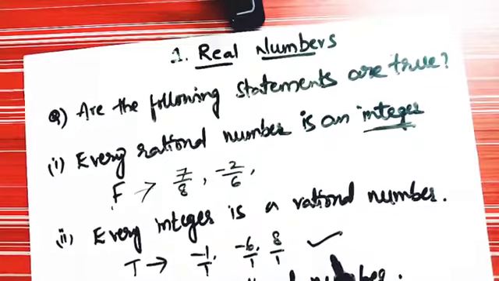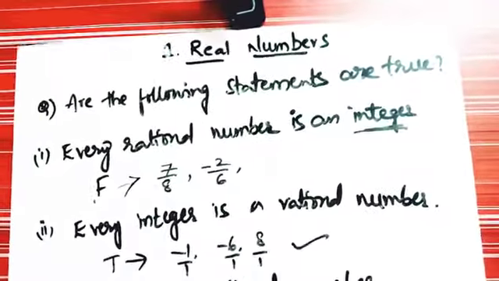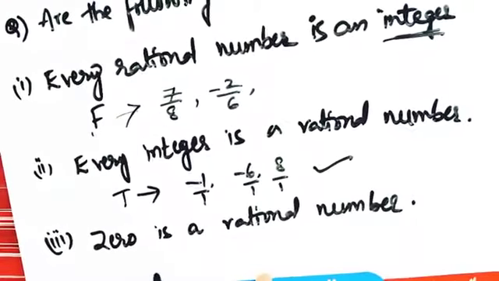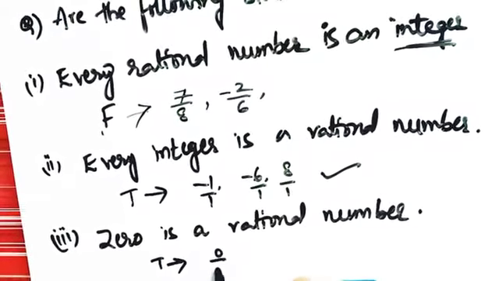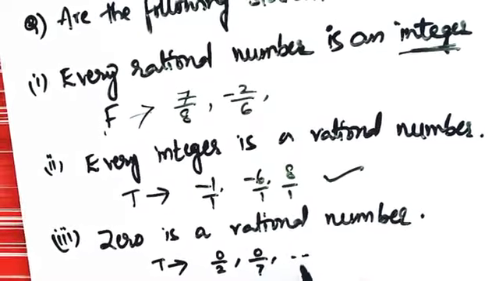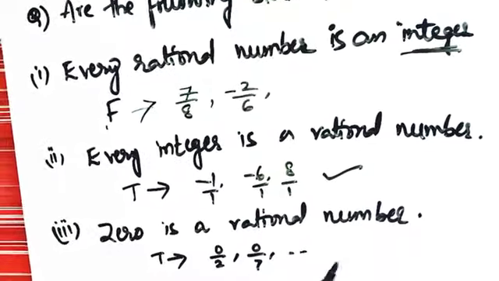So every integer is a rational number, but every rational number is not an integer. The next question, they're asking: 0 is a rational number, true or false? Yes, it is true, because 0 can be expressed as 0 by 2, 0 by 7 and so on. These all are in the form of p by q.